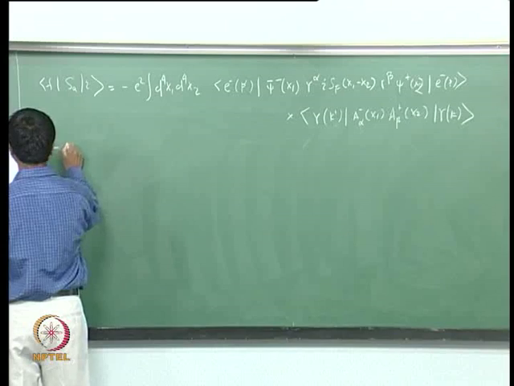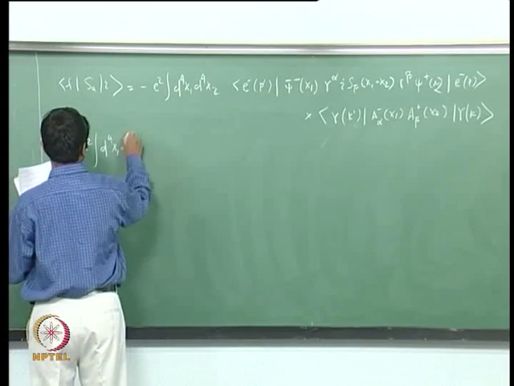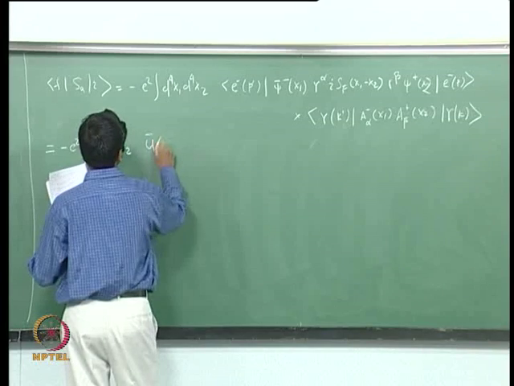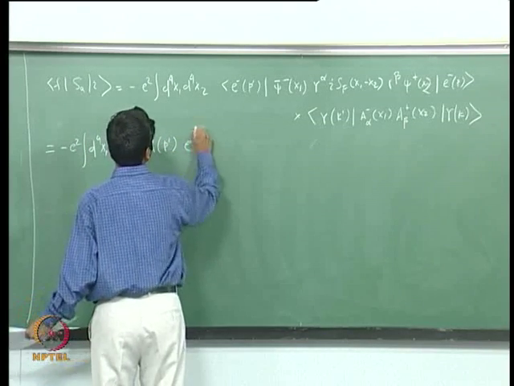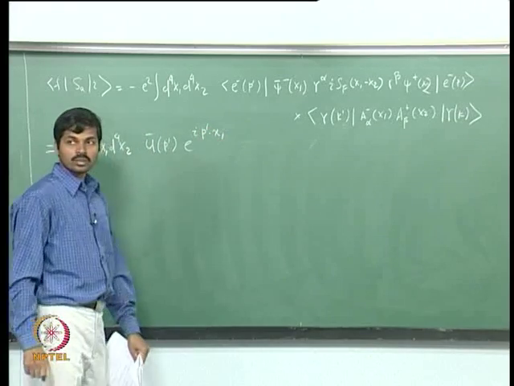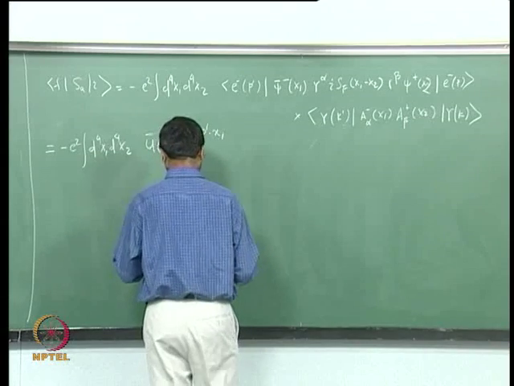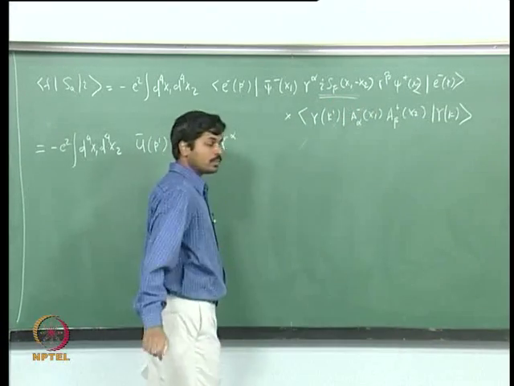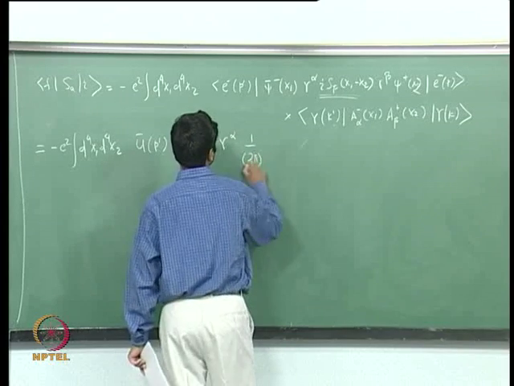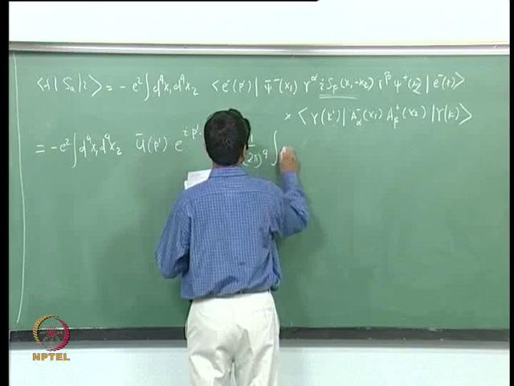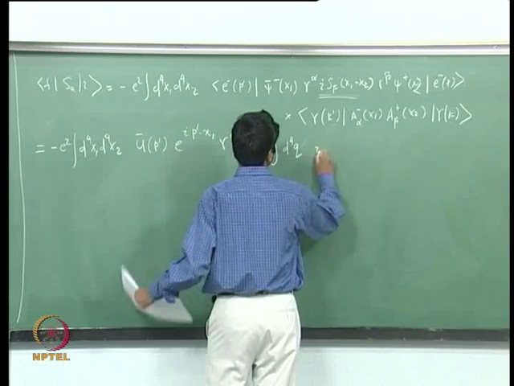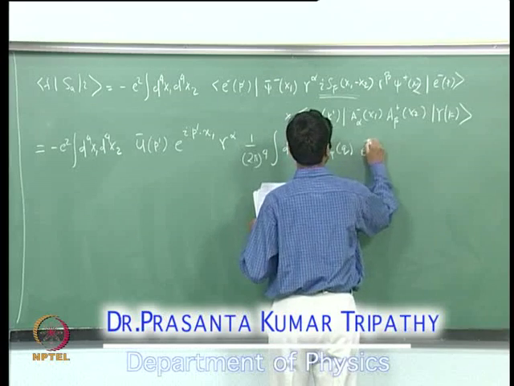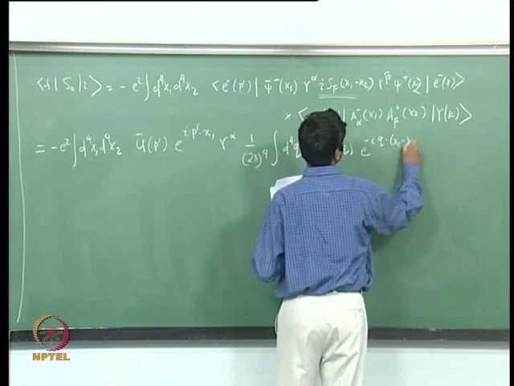So this quantity is minus e² ∫ d⁴x₁ d⁴x₂, and then this will give me, as we have already seen, ū(p′) e^{ip′·x₁}, and then this one, γ^α, this one in terms of its Fourier component is given by 1/(2π)⁴ ∫ d⁴q iS_F(q) times e^{−iq·(x₂ − x₁)}.